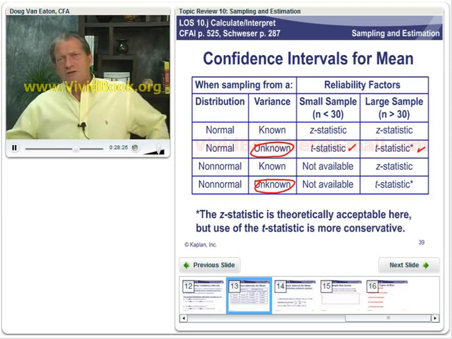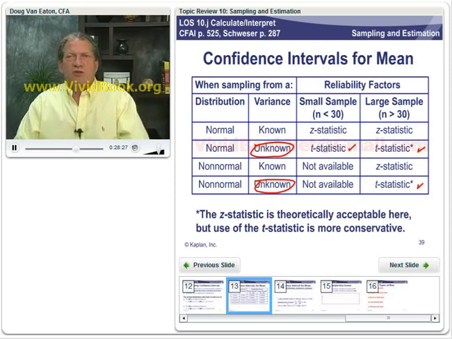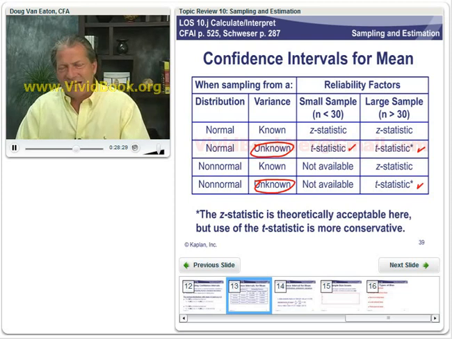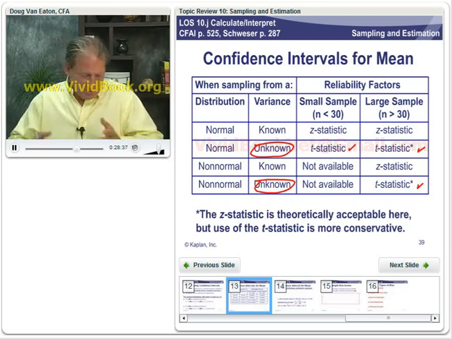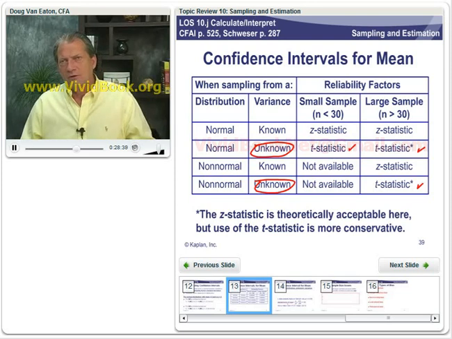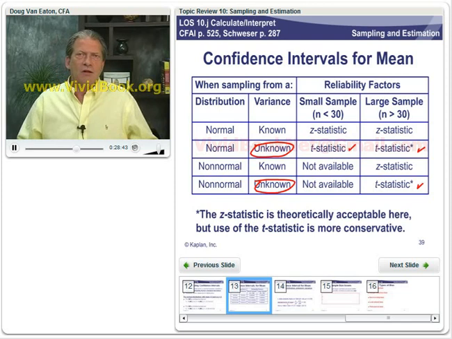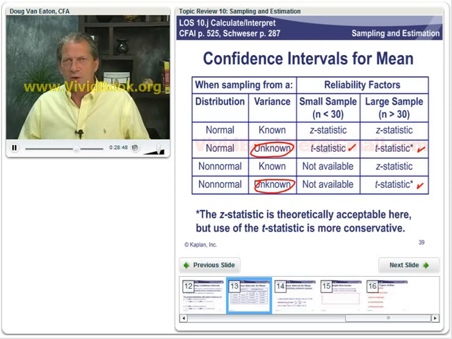Now, the reading tells us it's permissible to use the z-statistic here, but it's not exactly accurate, and why would you? You know your sample size. You can subtract 1 from that and get your degrees of freedom. You can look at the t-tables. So while the z-statistic is acceptable here, the t-statistic is more precise and would be better.